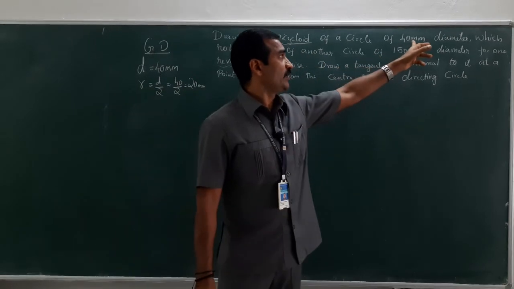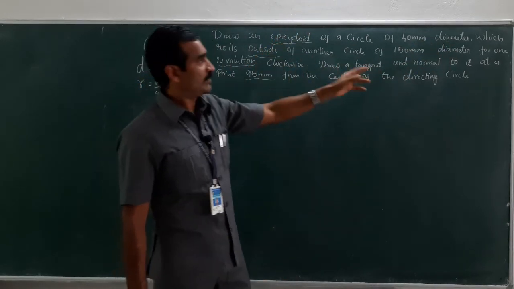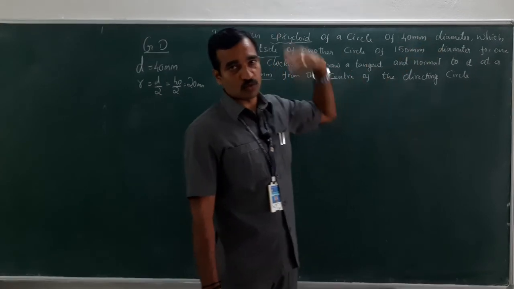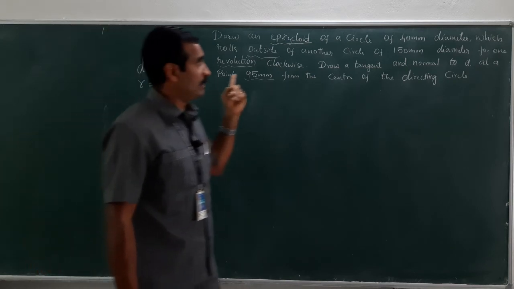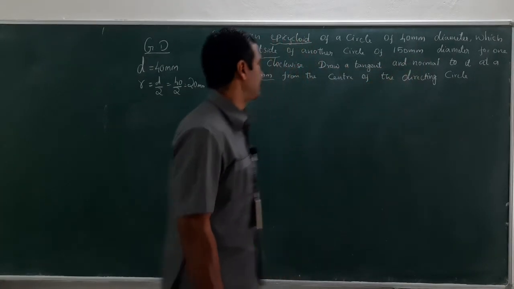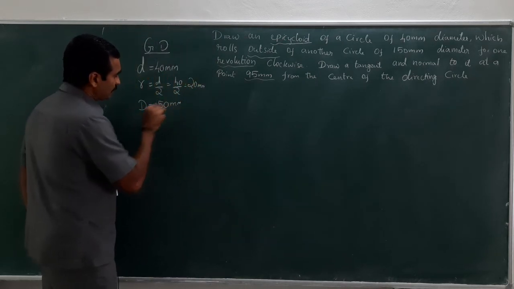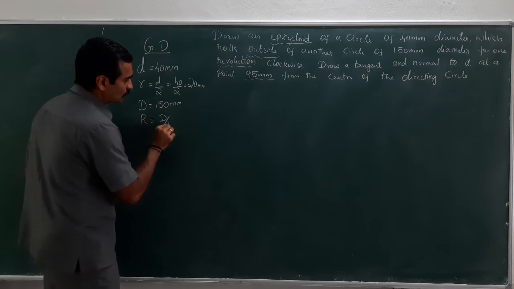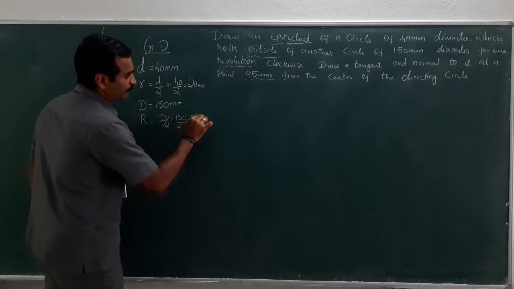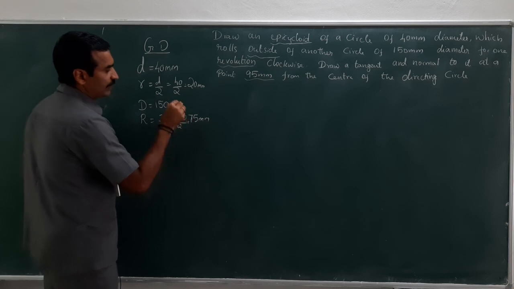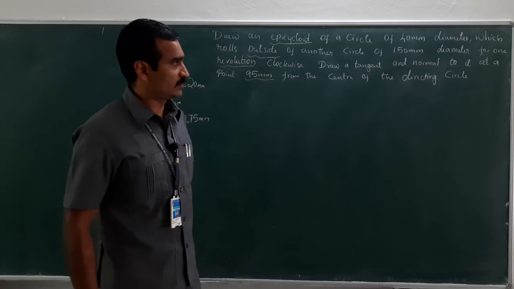That means this is the rolling circle, which rolls over the other circle, of 150 mm diameter. So, the capital D is equal to 150 mm. Therefore, R is equal to D by 2, 150 by 2, equal to 75 mm, for one complete revolution in clockwise direction.